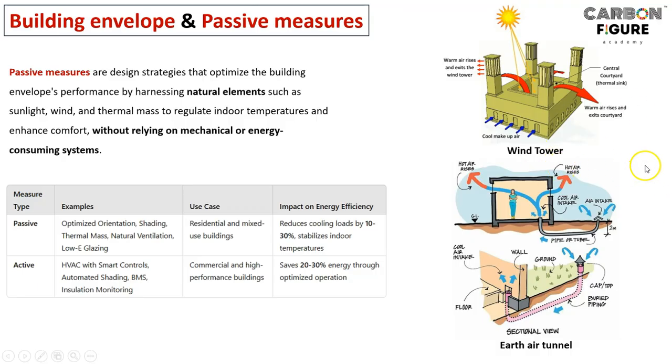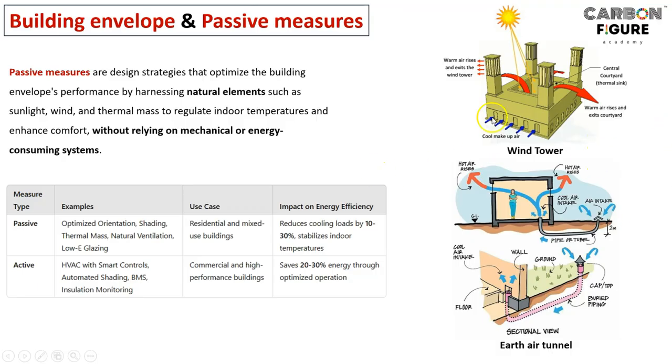So in the right side picture you can see the wind tower. They are just constructed building elements, but they let the outdoor air pass through and flow through the wind tunnel and enter into your building, right? Same way, the earth air tunnel. So using these kinds of technology also, you can use the external air to cool your building's interior space.